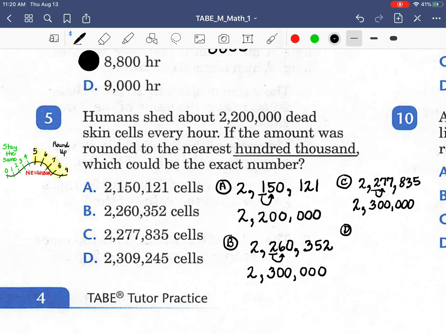And then D is going to be 2,309,245. The zero's the neighbor. Zero's in the stay the same. So I'm going to leave that 3 alone. And then everybody else rounds off.